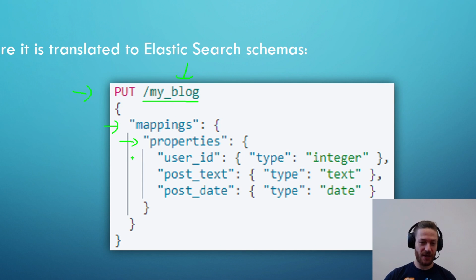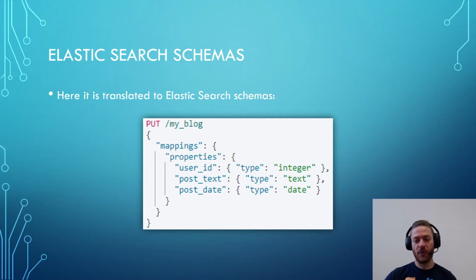So the same thing is specifying user ID, post text and post date. We can just say the type is integer, the type is text, and the type is date. It's very easy and it's very convenient. Of course, each of these properties has many more options, but most probably you won't need them unless you need something specifically.